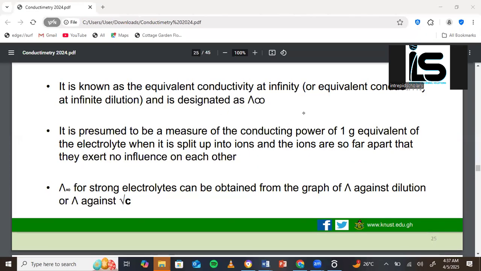What we are saying is that for both strong and weak electrolytes, there's some level of ionization. For a strong electrolyte, there's complete ionization. For a weak electrolyte, there's partial ionization. Let me write this equation: CH3COOH, a weak electrolyte, plus water.